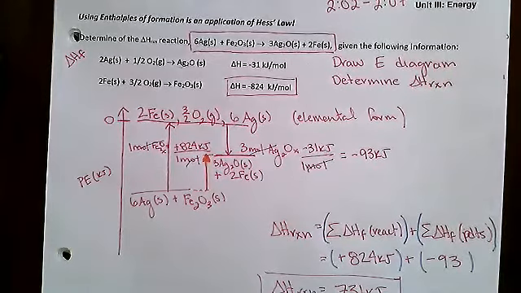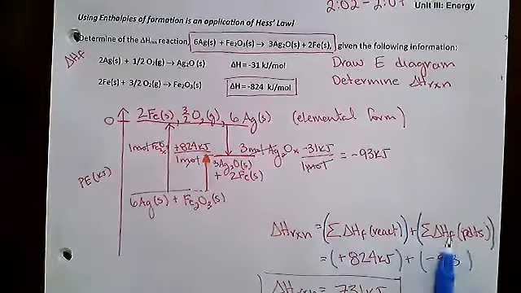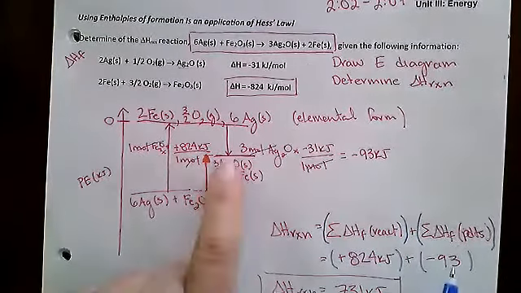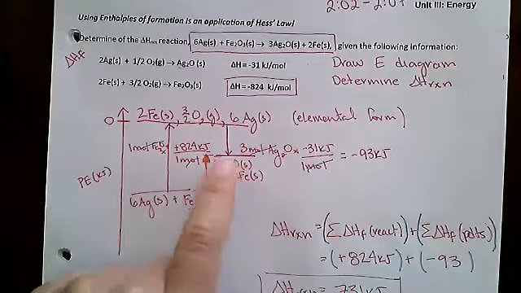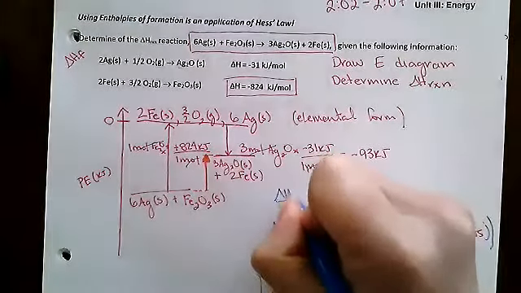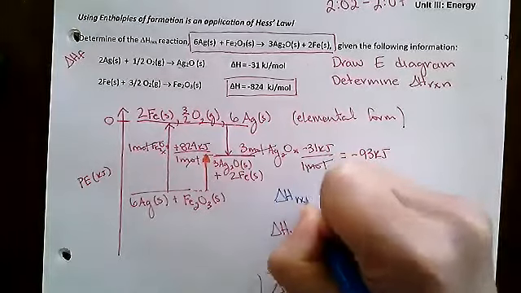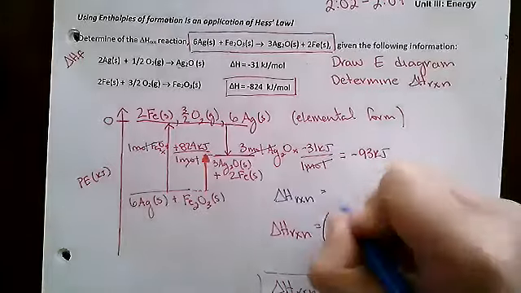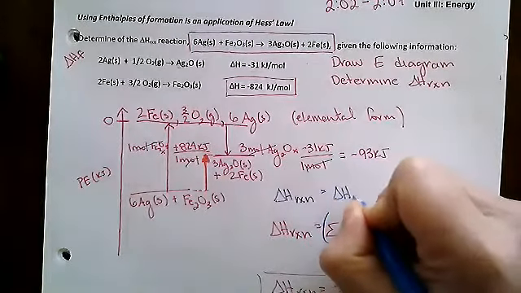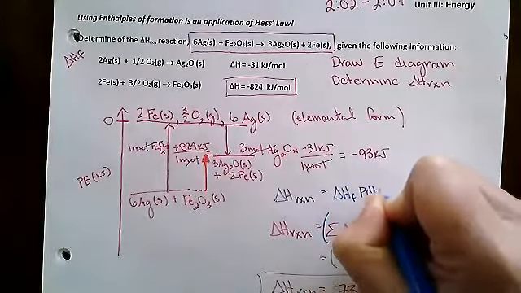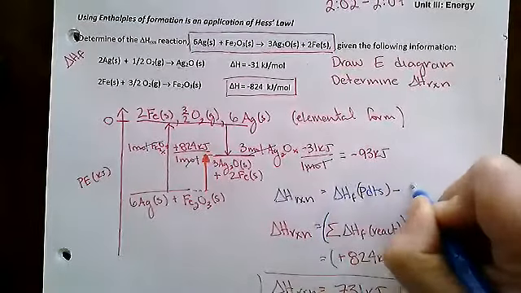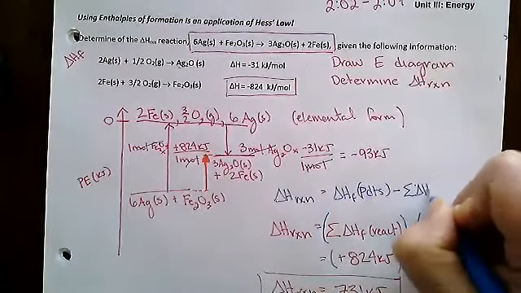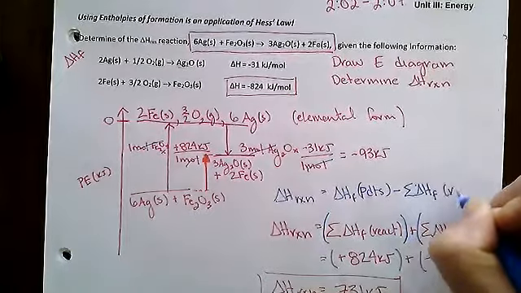In your book, because you always are making the down arrow negative, sometimes you'll see it written like this. The heat of formation of the products minus the heat of formation of the reactants.